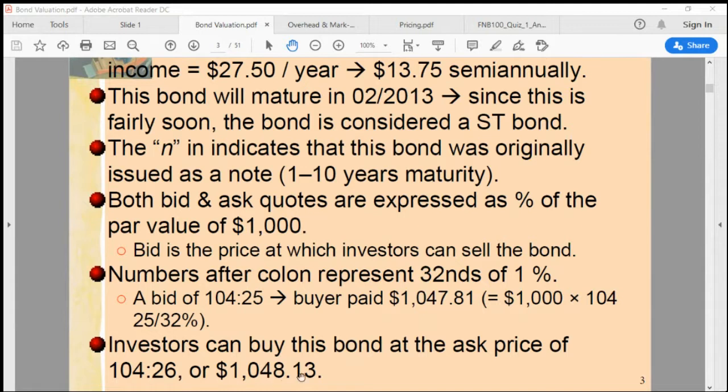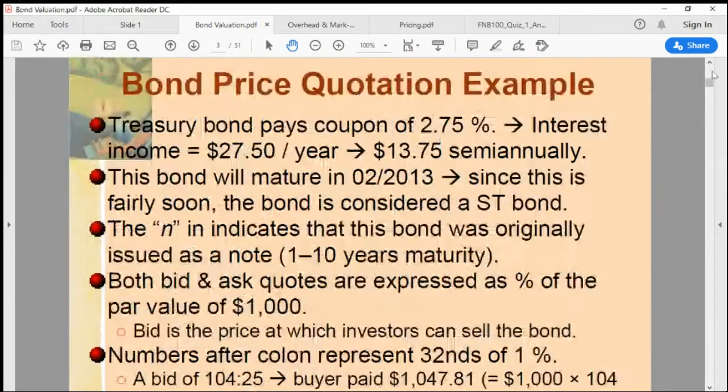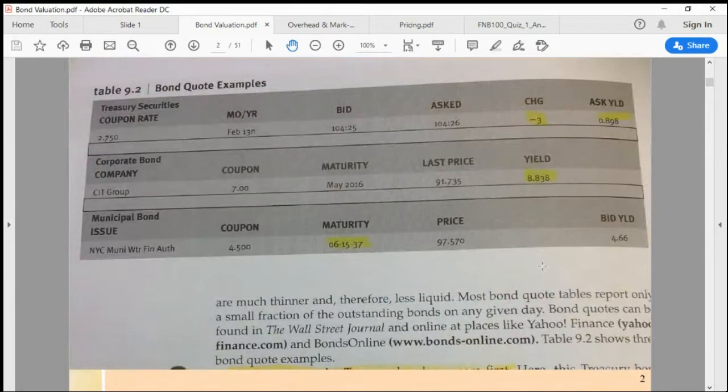It comes to 1,048. Actually, it's the brokers and the dealers who bridge the gap between the two.